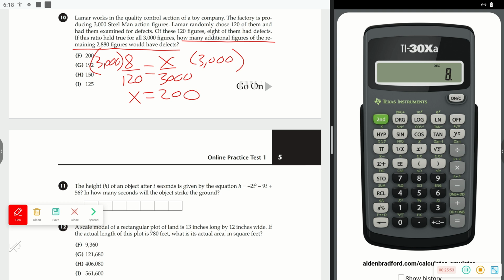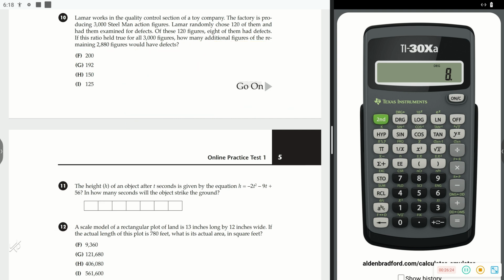So our final answer for the total equals 200. We have to subtract the 8 that were in the first round of defects, because we only want the additional defects, not the total number of defects for the 3,000 figures. So you have to read what it's asking for. 200 minus 8 is going to be 192. So the proper answer is G. So that one was a little bit tricky at the end.